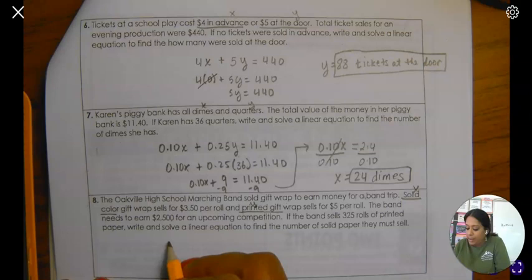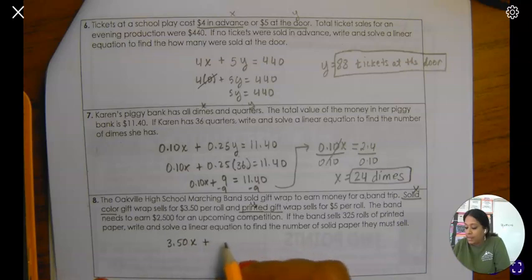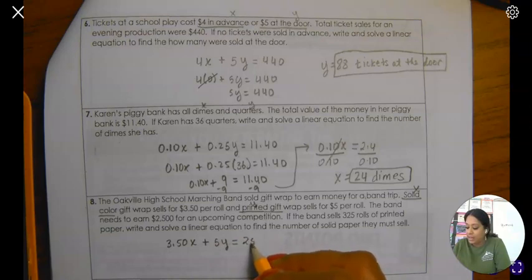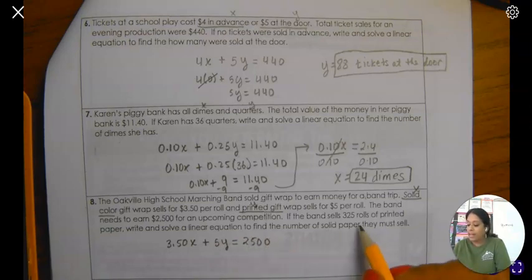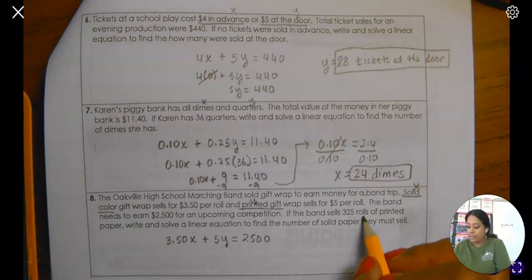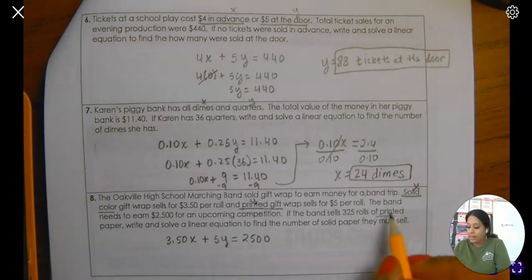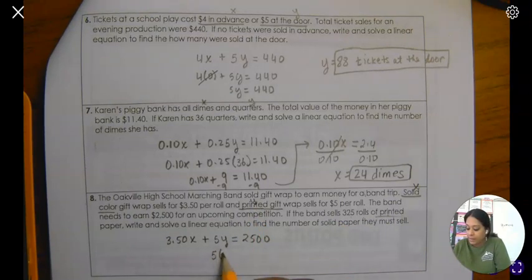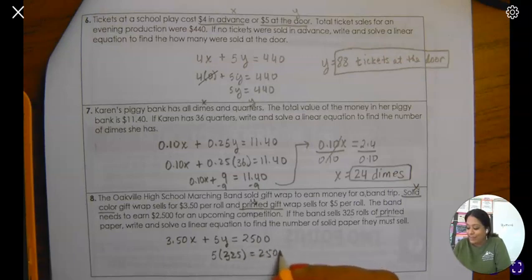So I'm going to go ahead and put $3.50 for the solid plus $5 for the printed. And when I add them together, we need to be able to get 2,500. If the band sells 325 rolls of printed, so printed is Y, I'm going to put 325 over here. Good thing this is the last problem.